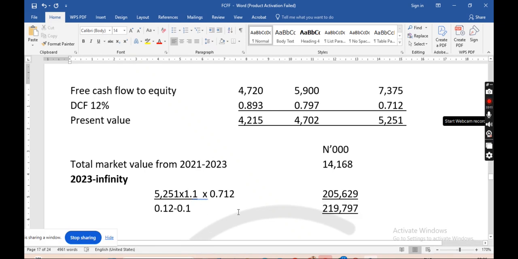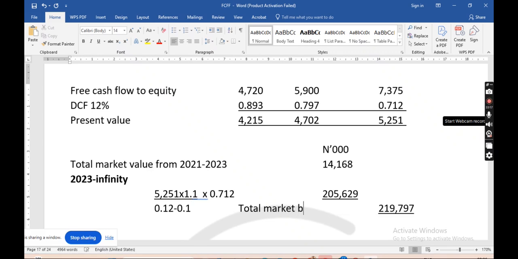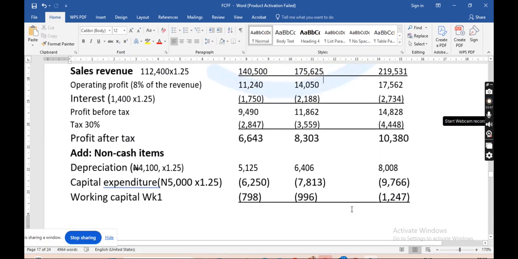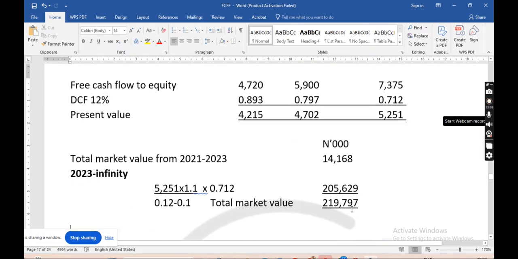If you want to get total market value, this is the total market value, right? And this is the total market value. Okay.